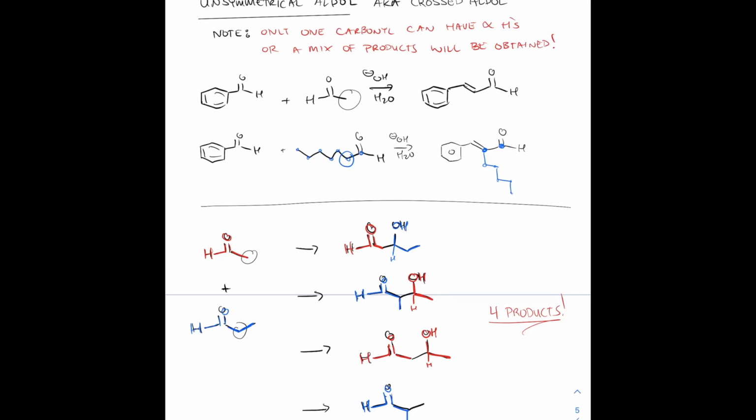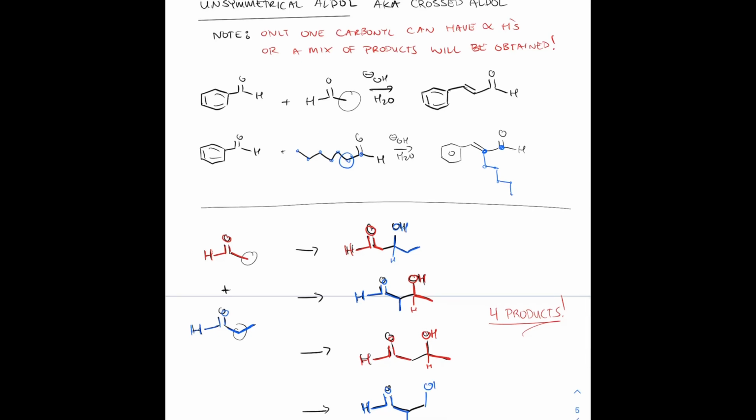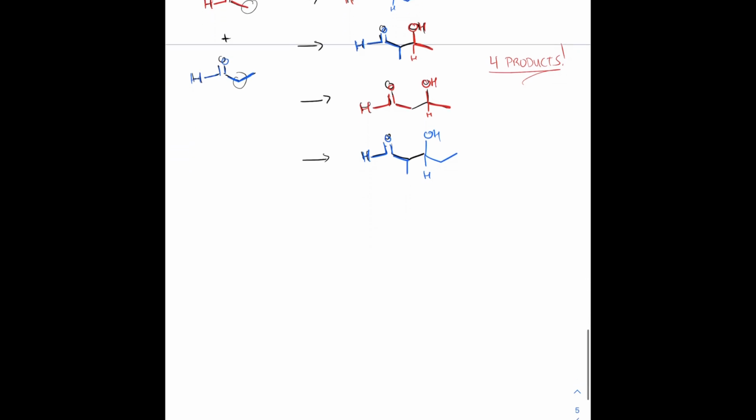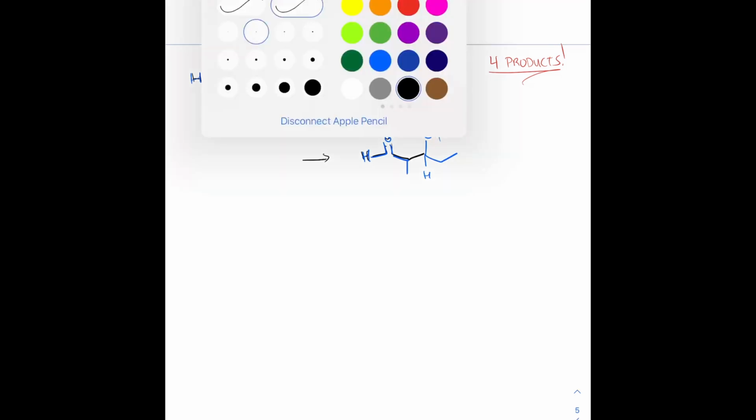However, the red and the blue aldehyde, where the blue acts as the enolate, and the next product is a combination of only red, where red attacks red, and then the final product is a combination of only blue, where blue attacks blue.